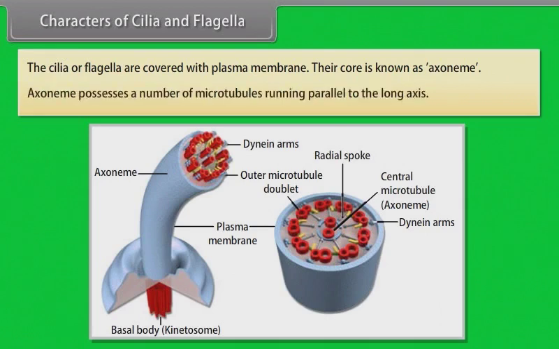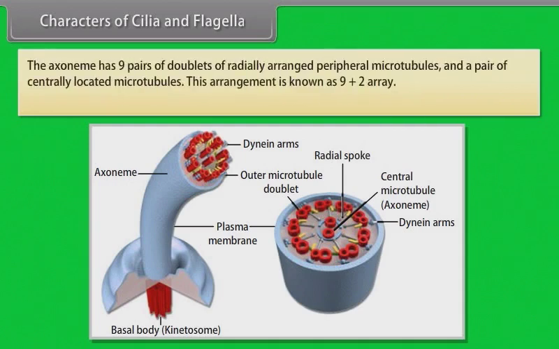Axoneme possesses a number of microtubules running parallel to the long axis. The axoneme has 9 pairs of doublets of radially arranged peripheral microtubules and a pair of centrally located microtubules. This arrangement is known as 9+2 array.